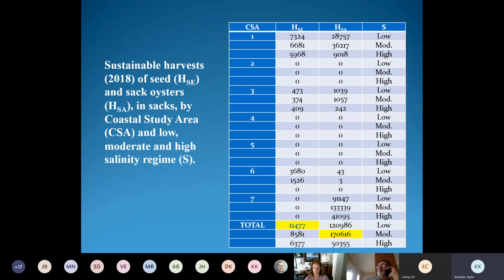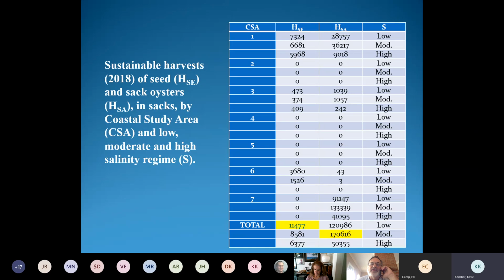So the idea here is that you can't predict salinity, but you might make a guess as to whether you're having a low, moderate, or high salinity, and you could use those numbers to determine what quota you might want to use in fishing.